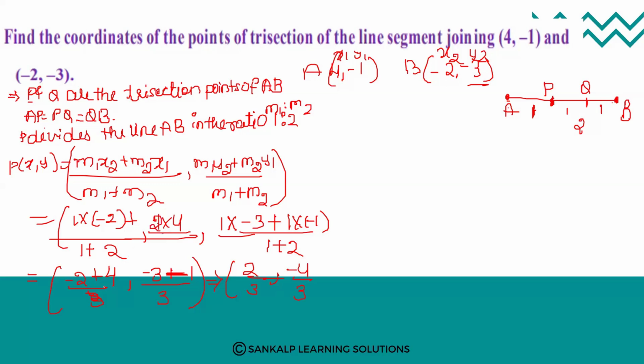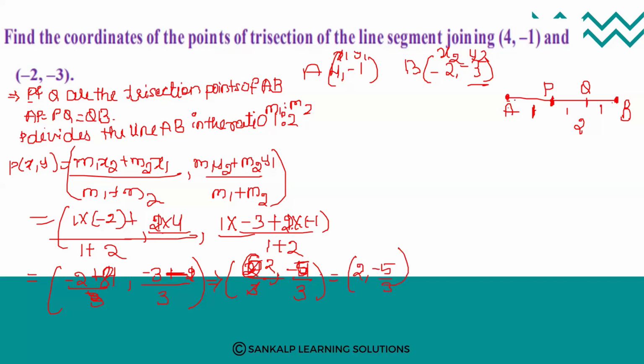So 2 into 4 is 8, and 2 into minus 1 is minus 2. Minus 2 plus 8 is 6 divided by 3, that is 2. And minus 3 minus 2 is minus 5 divided by 3. So you will get 2 and minus 5 divided by 3.